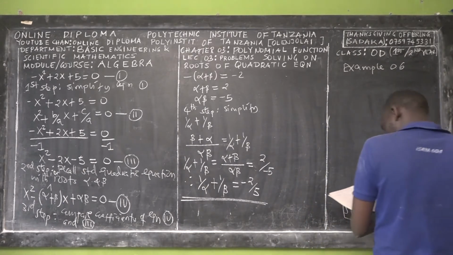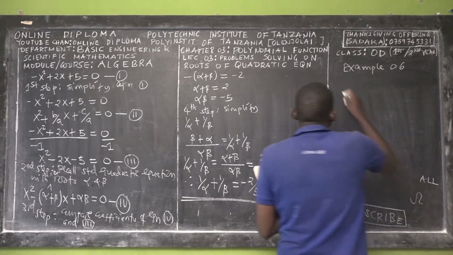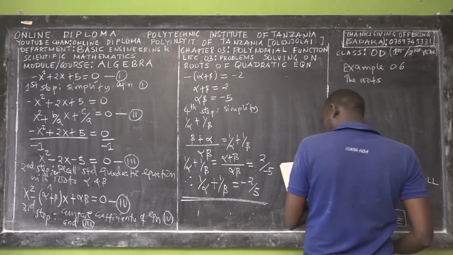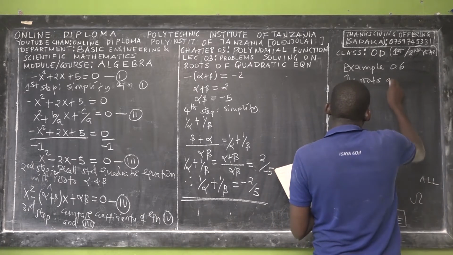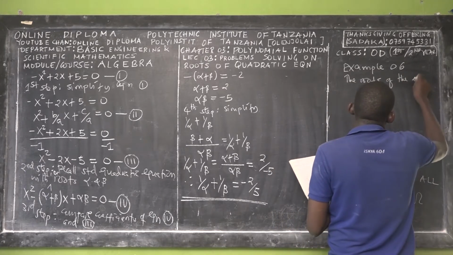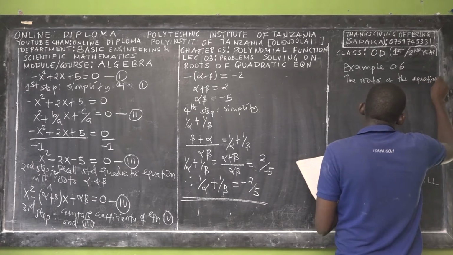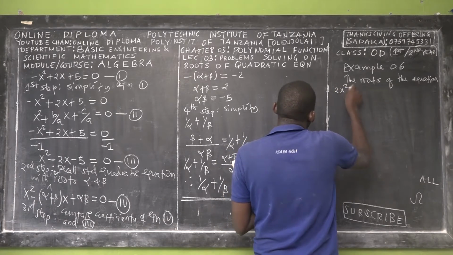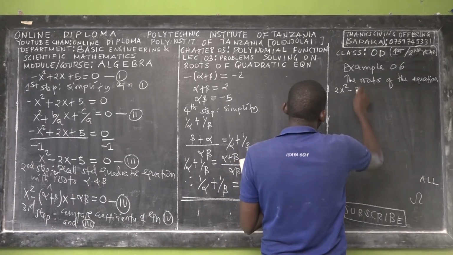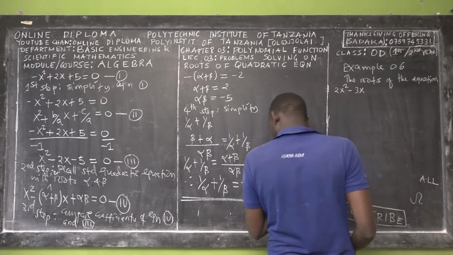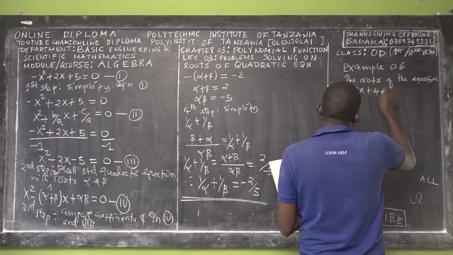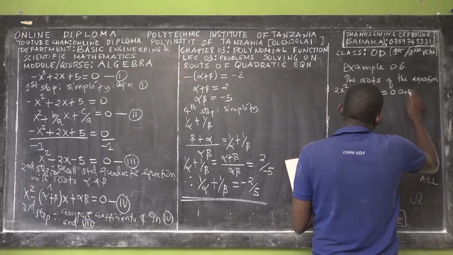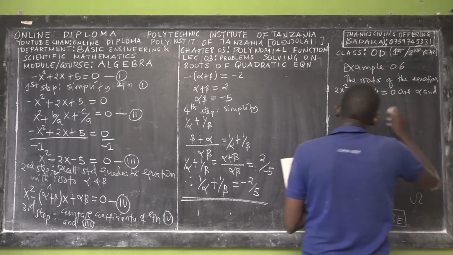So then we have example 6: the roots of the equation 2x squared minus 3x plus 4 is equal to 0 are alpha and beta.